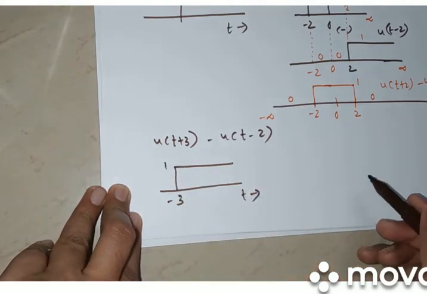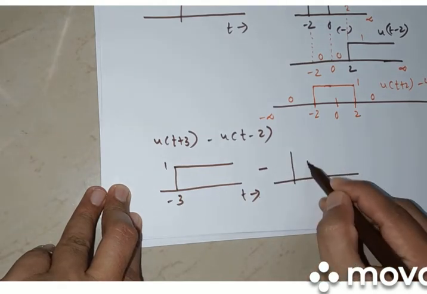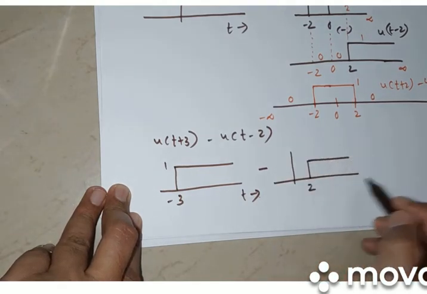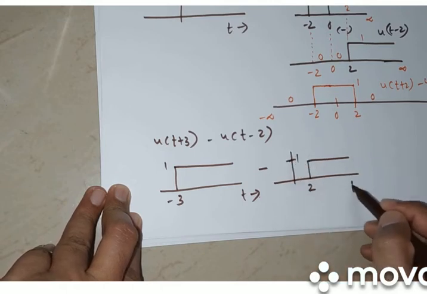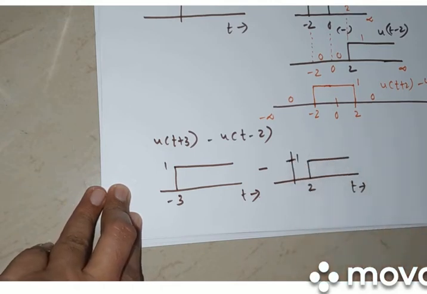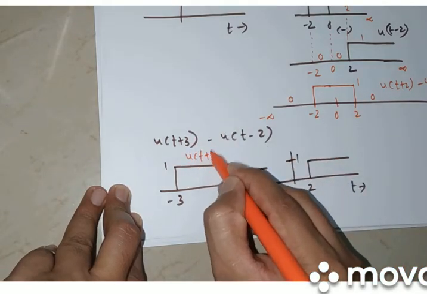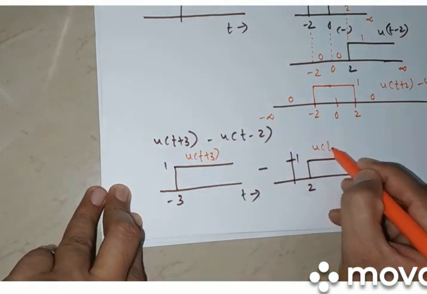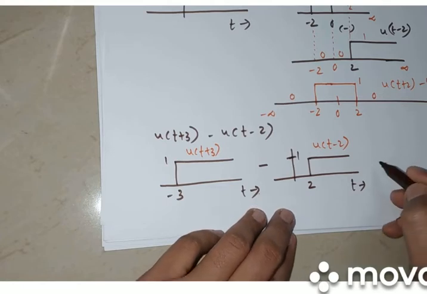This is u(t plus 3) and this is u(t minus 2). Now follow the same process. What will we get? What is the answer?